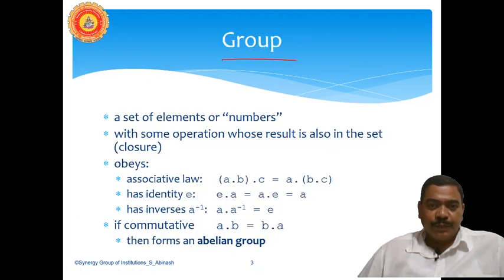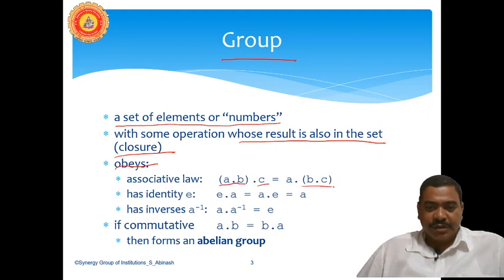A group is a set of elements or numbers with some operation whose result is also in the set, which is closure. It obeys the associative law, that means (A dot B) dot C is equal to A dot (B dot C).